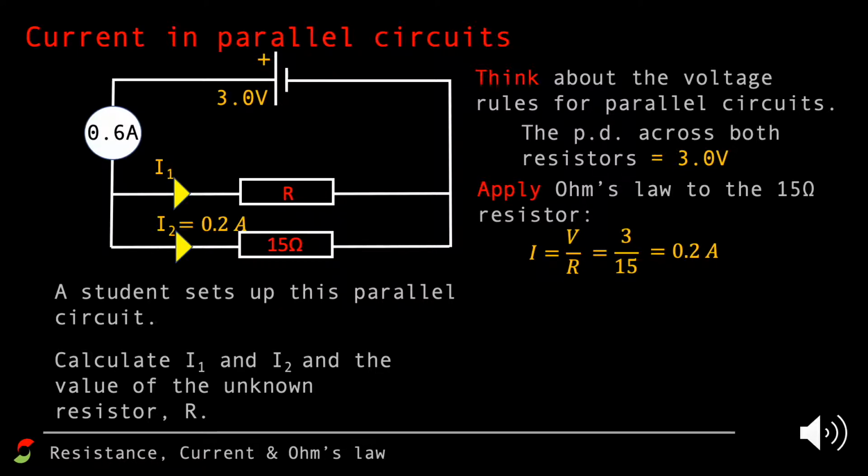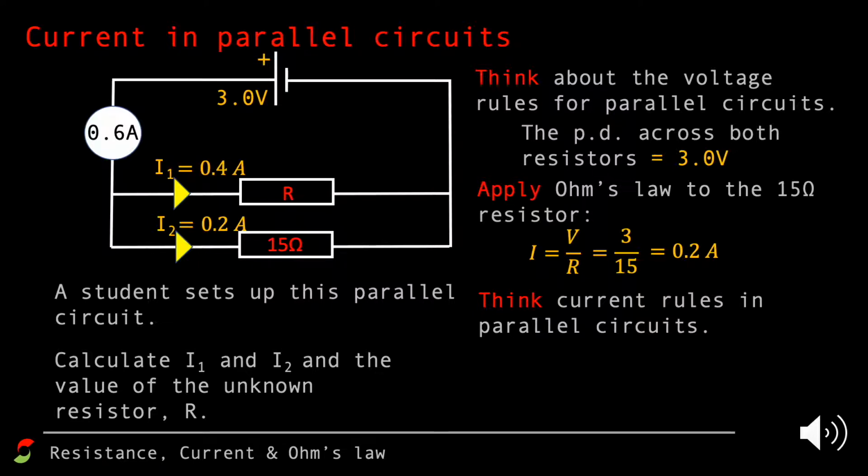So the next thing that we can think about is, well, how does current behave in parallel circuits? Well, the way that current behaves in parallel circuits means that actually we can work out that I1 is 0.4 amps. And that's because whatever flows into the junction is flowing out.